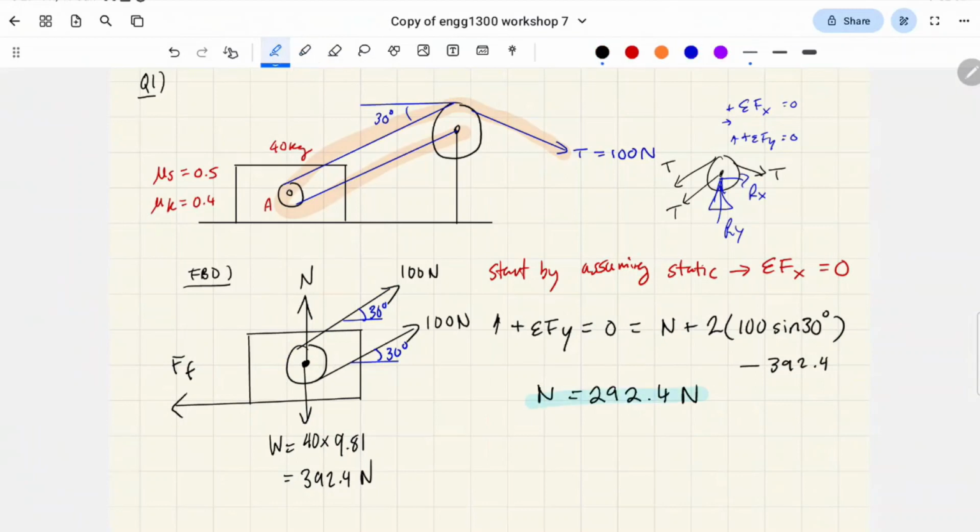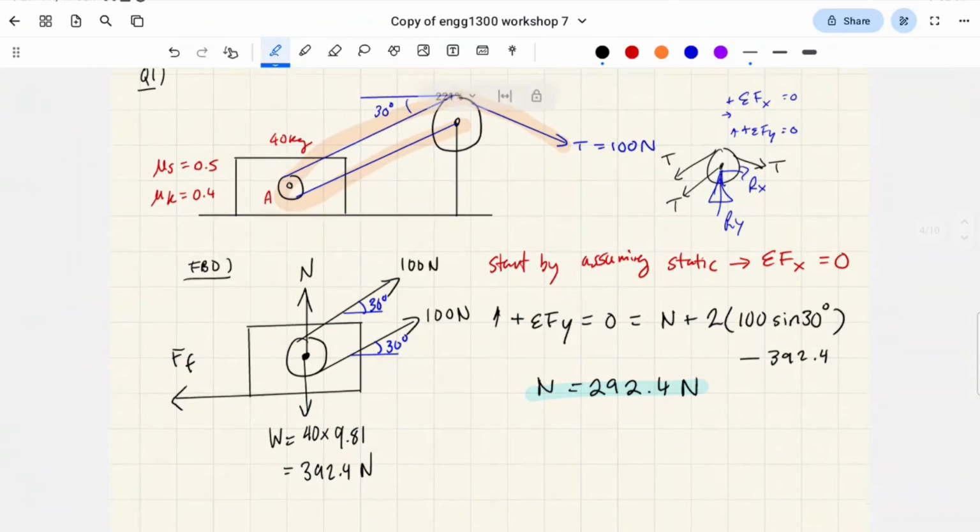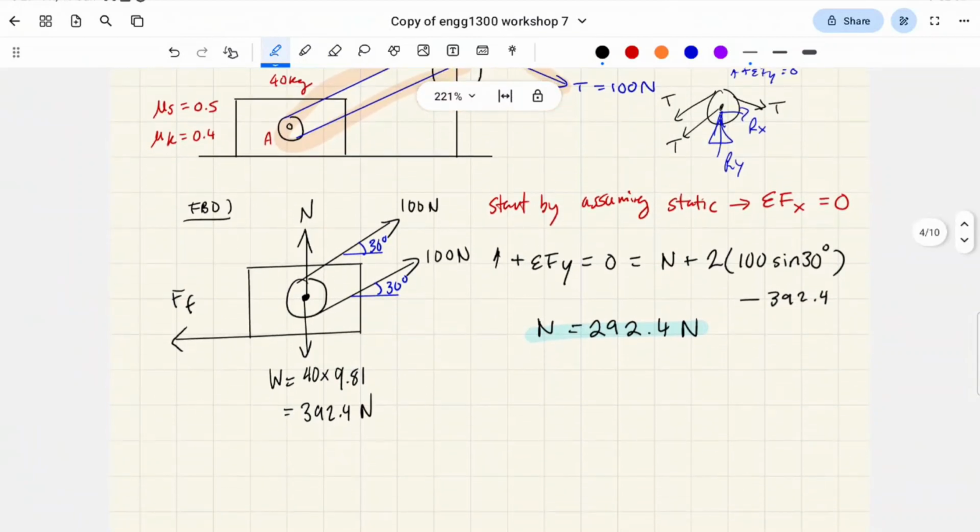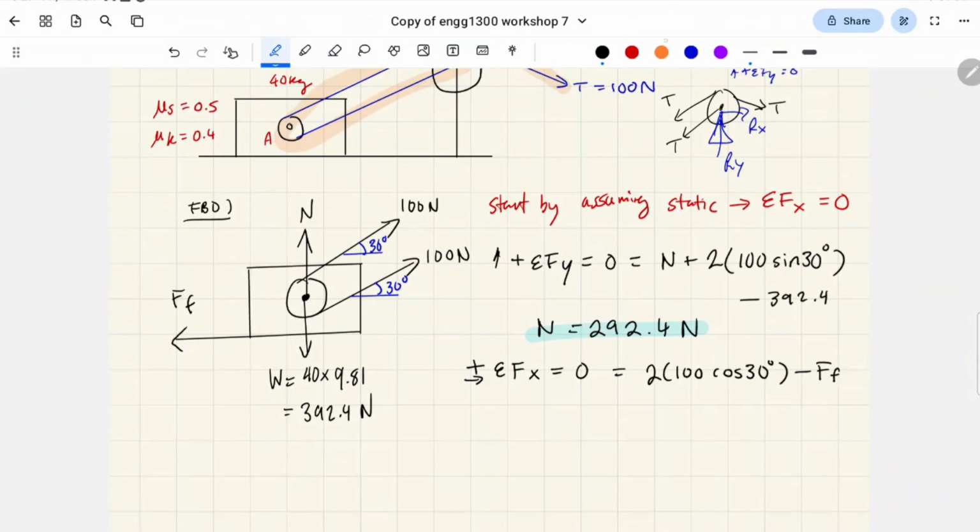So now that we have the normal force, we can calculate, actually, well, what we'll do is we're going to follow our assumption that the box is static, okay?